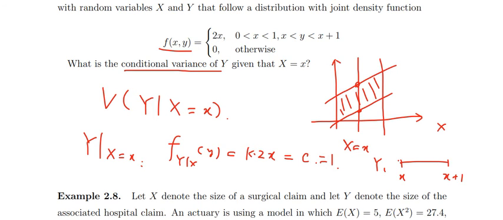Okay, so the variance is just the uniform distribution from x to x plus 1. So this variance just equals the formula, b minus a squared over 12. So that's just 1 squared, just 1 over 12.